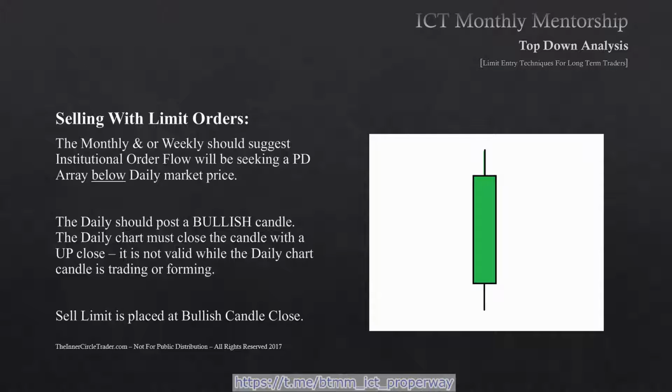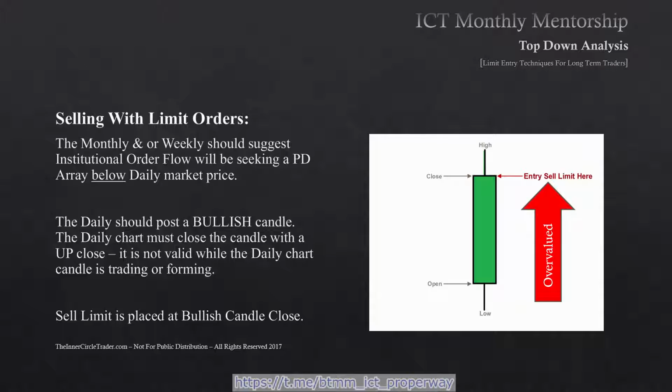And the sell limit is going to be placed at the bullish candle's close. So with this candle, again, representing our daily candle, up close, this is the daily high, the daily low, the close, and the open for that particular day. And we're going to be looking to have a sell limit order right there at the candle's close.